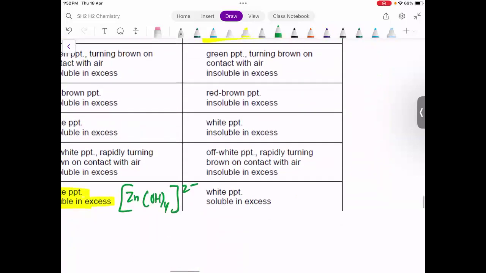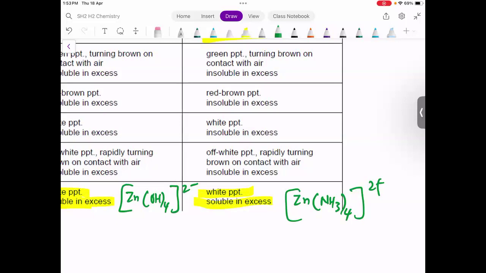Another instance is your zinc: white ppt, soluble in excess. This is also due to the formation of an ammonia complex. This one you have to know. The number of ammonia or hydroxide attached to form this soluble complex is usually twice the charge.